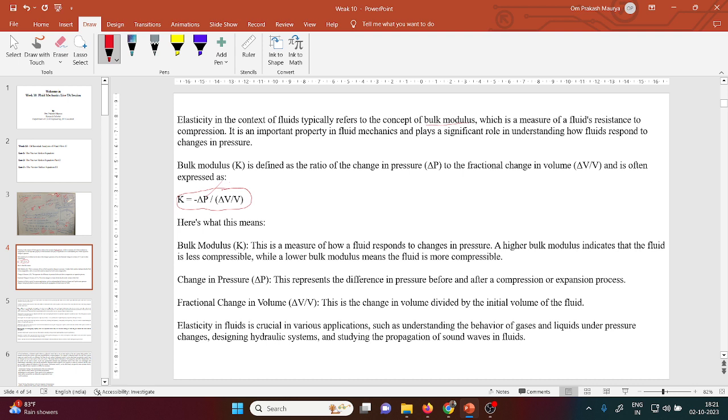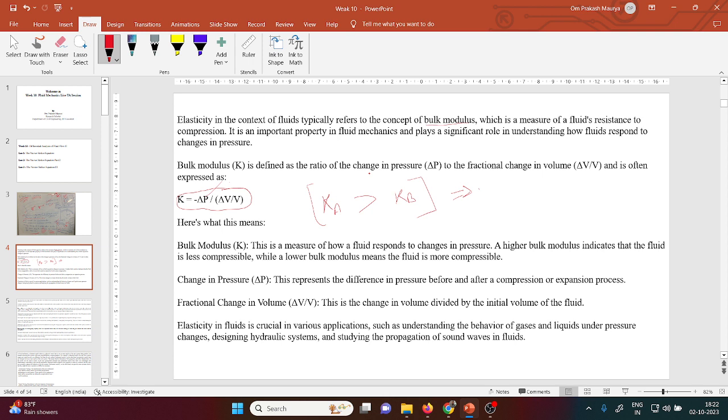So basically, let's say you compare the bulk modulus of fluid A and the bulk modulus of fluid B. If the bulk modulus of fluid A is greater than that of fluid B, what will happen? We need to change the unit volume in both fluids.